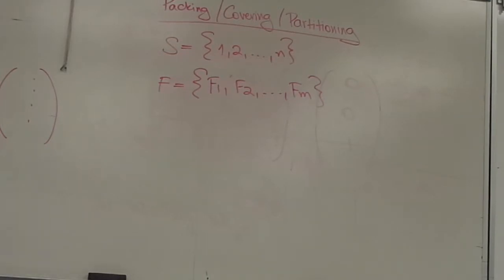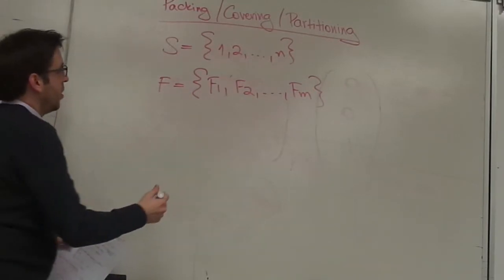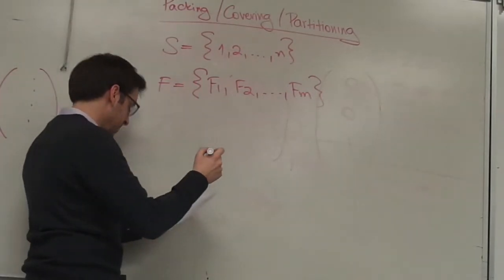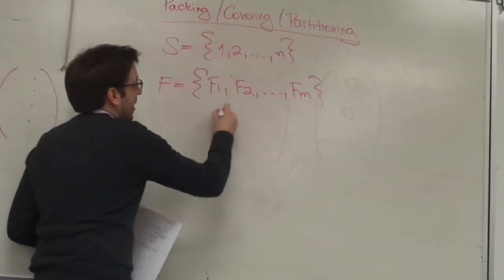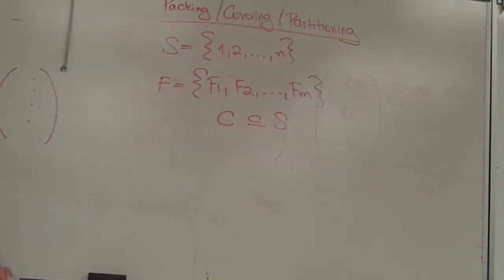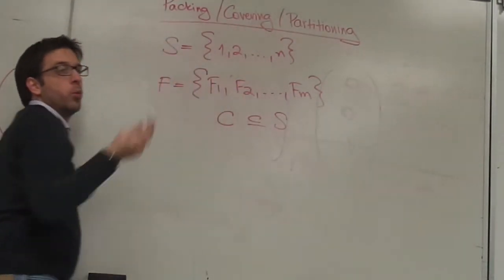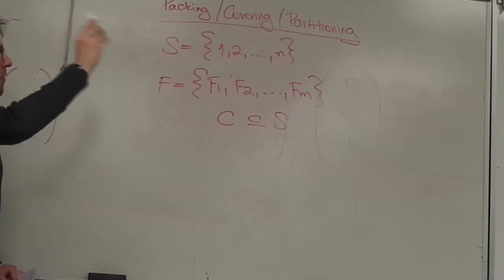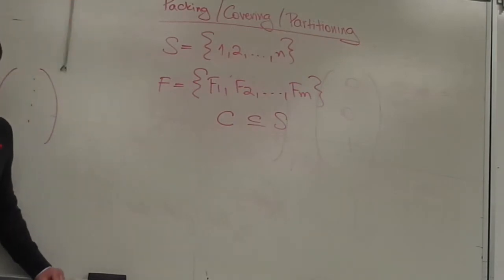F1, F2, F3 is a set of families of elements. We are looking to find a set C that is a subset of S. For example, 1, 2, 3, 4 would be a subset of S, and 1, 5, 10 would be a subset of S.